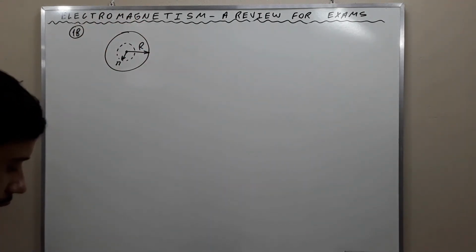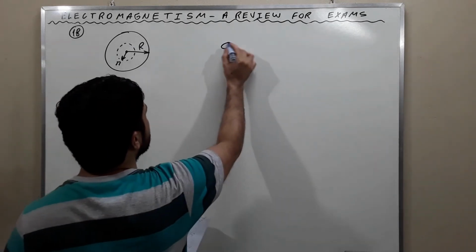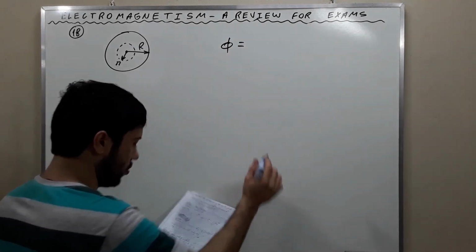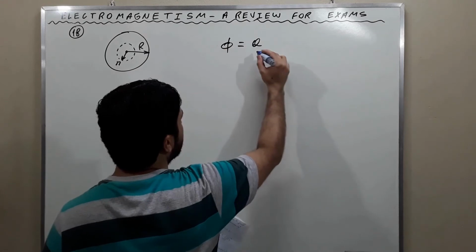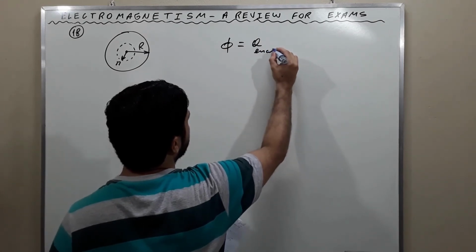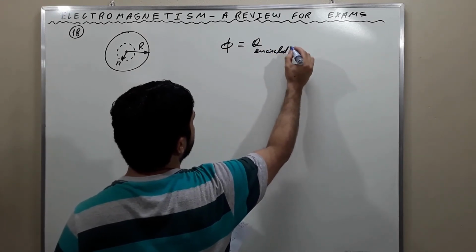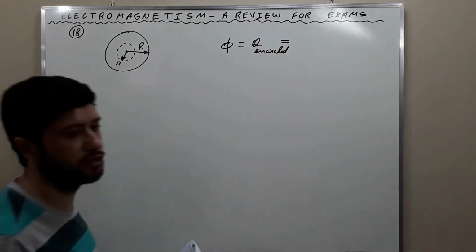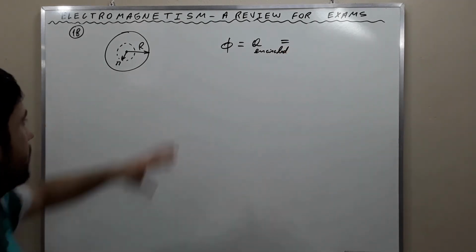Okay, so the flux is going to be equal to the encircled charge, not the entire charge.